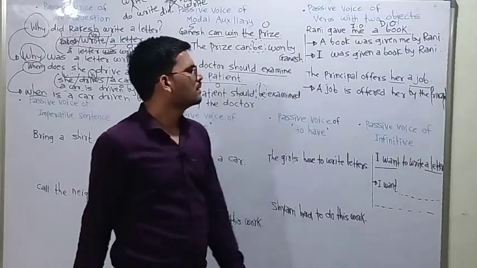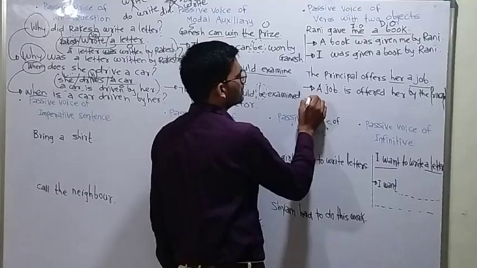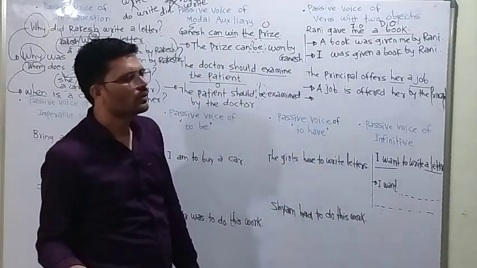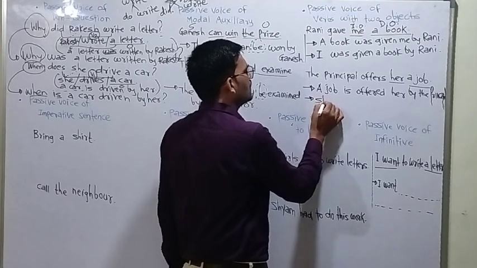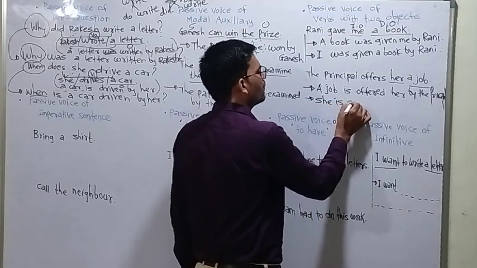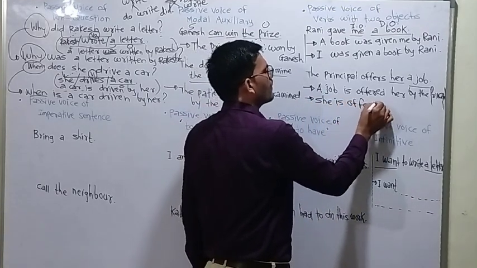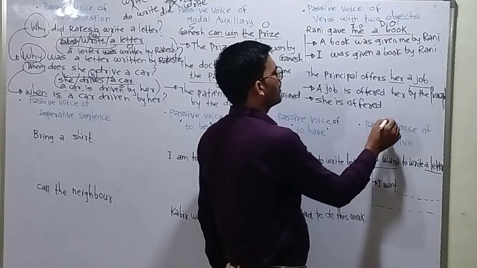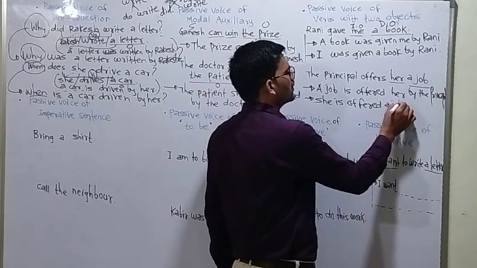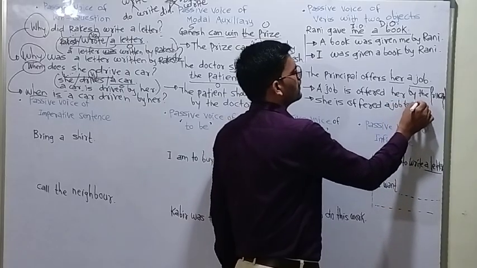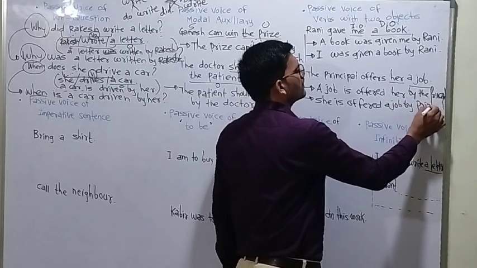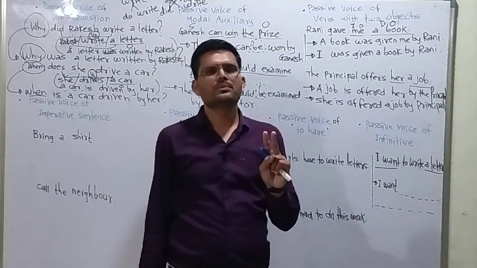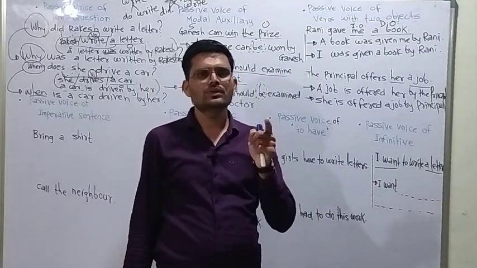That is simple present tense. Then the next example: the nominative case of her is she. So, she is offered a job by the principal. So that is two passive forms of one sentence, active into passive.